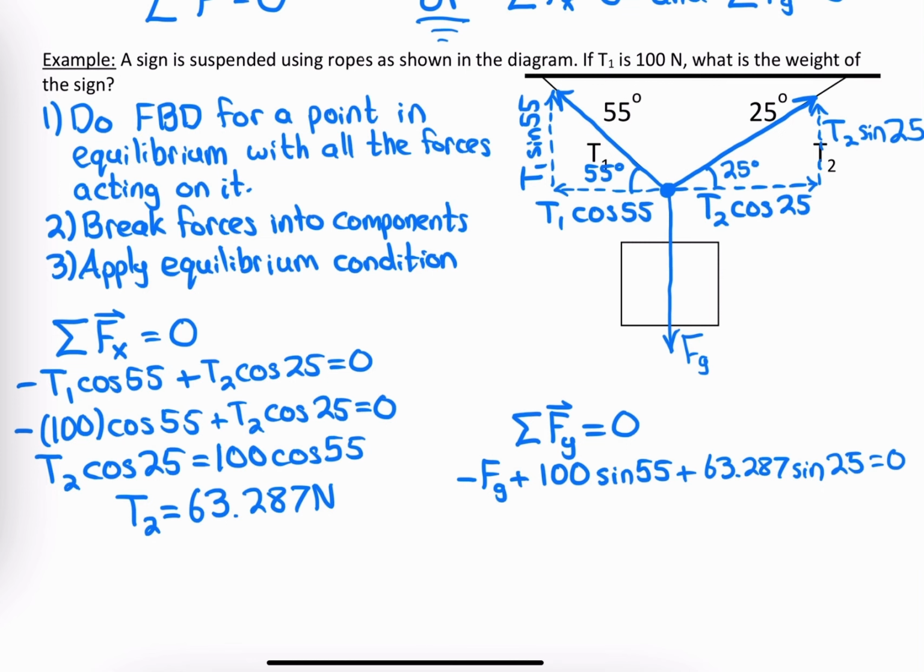So solving this for FG, I could take this FG, bring it to the other side to make it positive, and then FG will be equal to all of this. So I just got to plug that in on my calculator, and that'll be equal to FG. So if I do that, and then round to 3 sig figs, I get FG is 109 newtons.